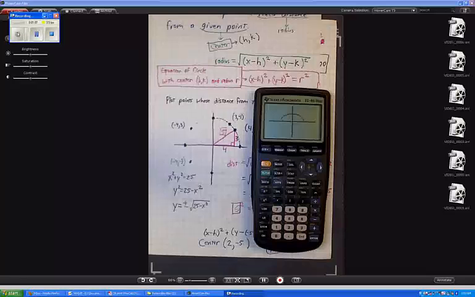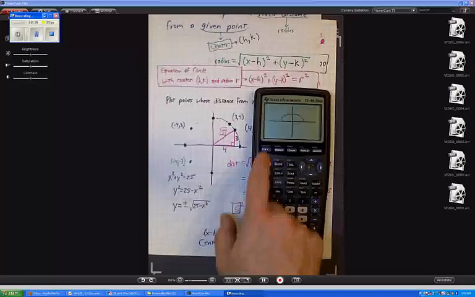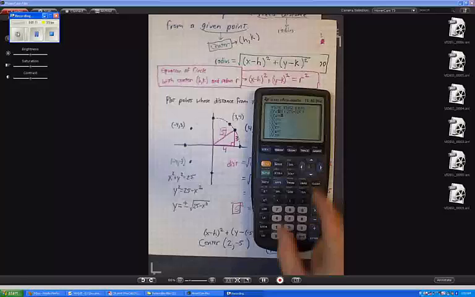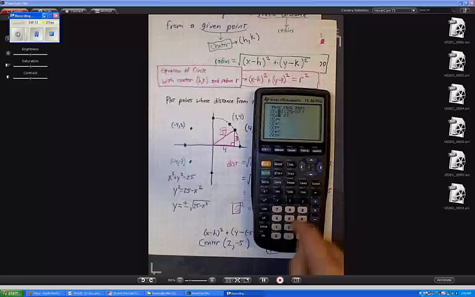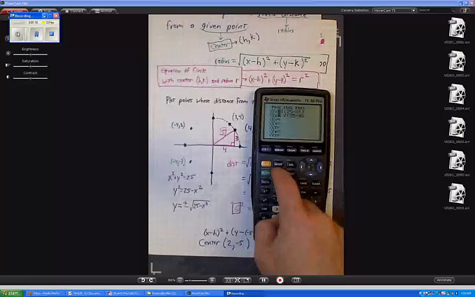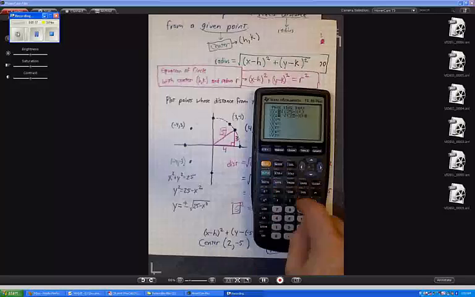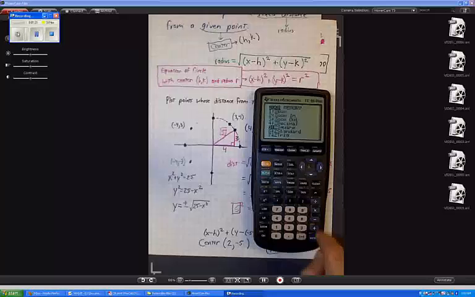And so you would need to go back and write negative square root of 25 minus x squared, which gets really annoying. And by the way, to make it look more like a circle, choice 5, zoom square, looks a little better. Now it'll look circular. Okay? You're better off just doing it by hand, honestly. Okay? But this gives you a how-to.